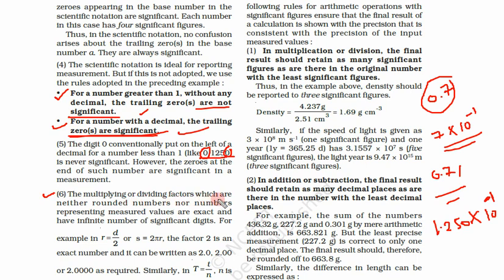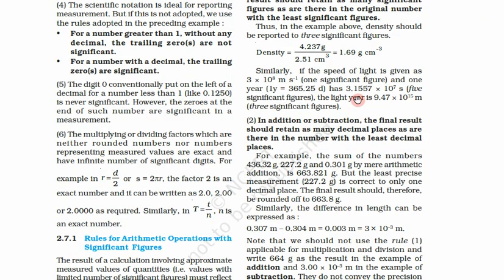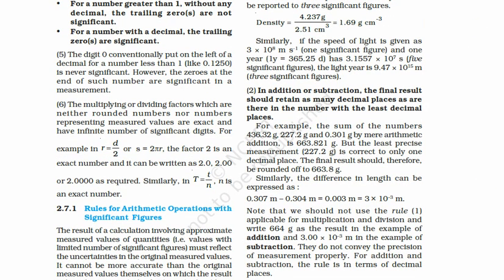Multiplying or dividing factors, which are neither rounded numbers nor numbers representing measured values, are exact and have an infinite number of significant digits. So, what is the meaning of this? Let us understand with an example.